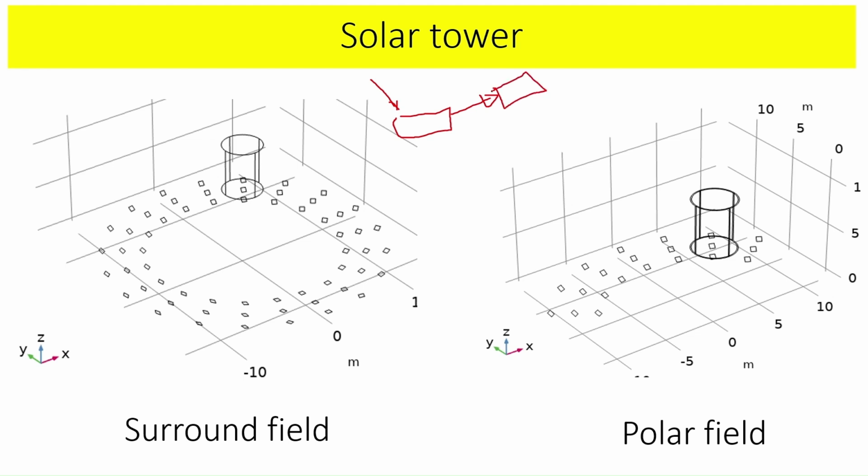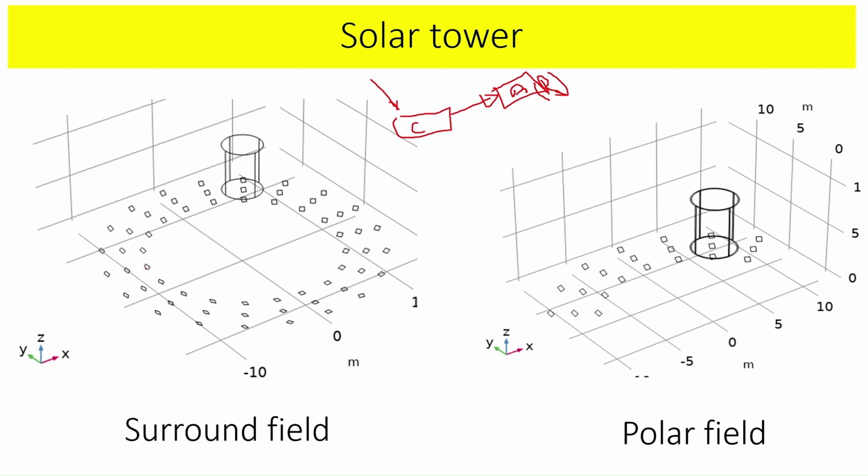These are the two important components: collector and absorber. The absorber we also call receiver. Sunlight falls on the collector, gets reflected or focused by the collector to the receiver, and the receiver produces the desired heat.